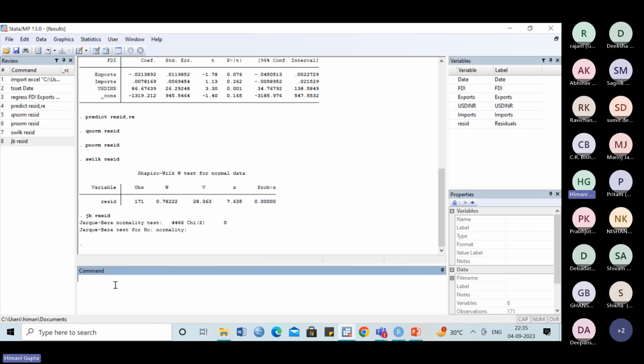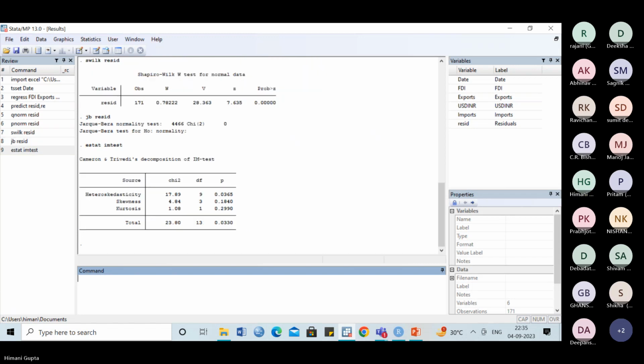So your command will be estat imtest. Now you can see if the p-value is less than 0.05, we will go with the alternative hypothesis. If your p-value is more than 0.05, we will go with the null hypothesis.